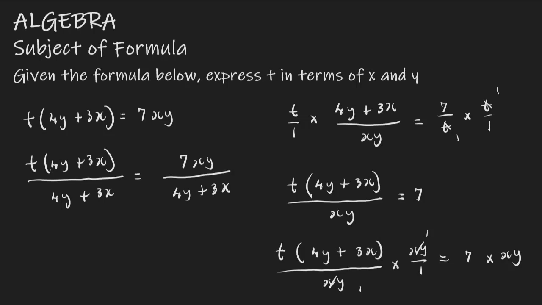On the left-hand side of my equation, I have 4y plus 3x in my numerator and my denominator. The two of them will divide into each other. Therefore, t is equal to 7xy all over (4y plus 3x). And that is my answer.